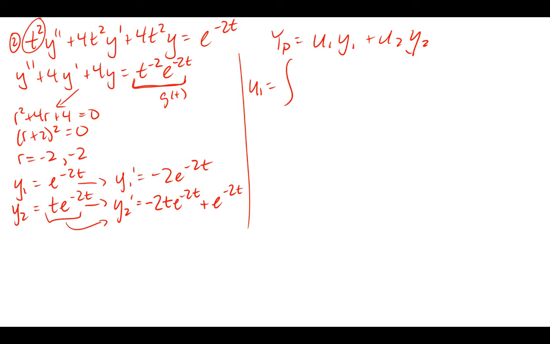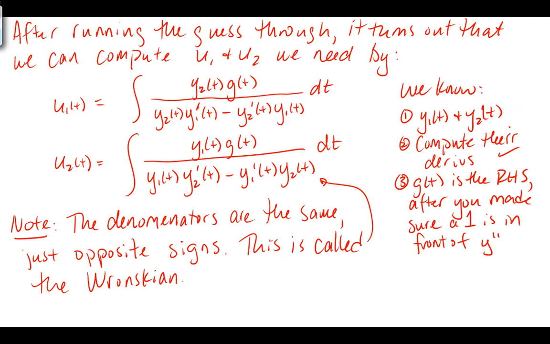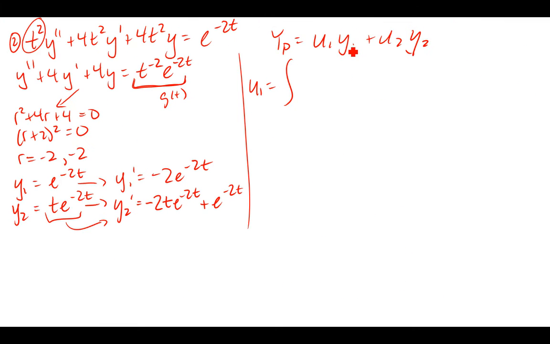All right, so let's put everybody where they belong in the formula over here. So in order to get u1, if you need to look back, you can remind yourself: I like to remember it by saying u1 starts with y2, so you sort of start with the other one. So y2 goes first, so that's t e to the negative 2t, and then g of t, which is all of that stuff.